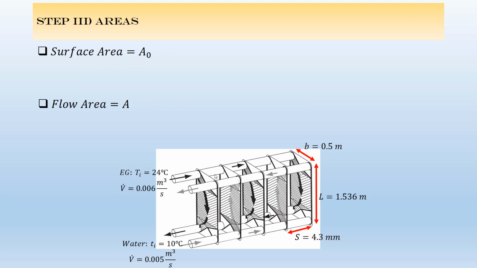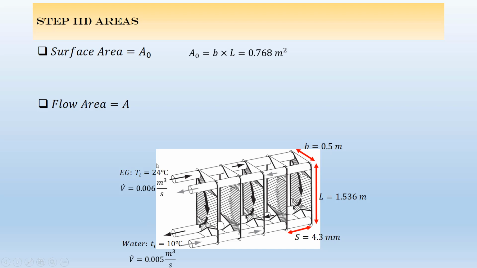The second step, you need to find the surface areas and flow areas. So the surface area actually is the area for the heat transfer. So we use the A naught to calculate the heat transfer rate. So A naught is actually B times L, the area for heat transfer for one plate.